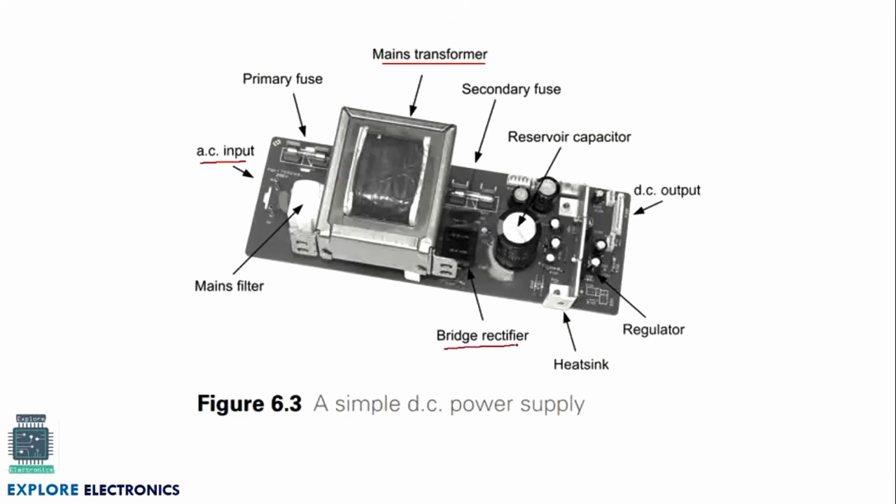And we need to smooth that signal, that's why we will be having a reservoir capacitor here. You can observe here this is a capacitor, and we are going to get an output from the regulator, that is the DC output. And for safety purposes we will be having a fuse at the primary of the transformer as well as the secondary of the transformer.